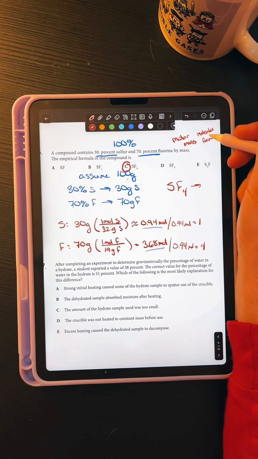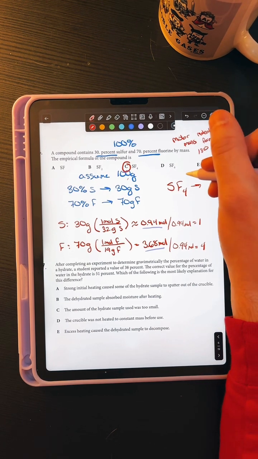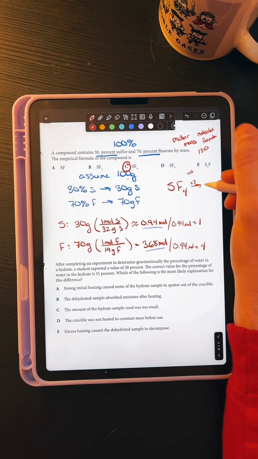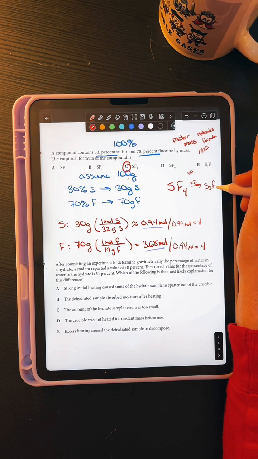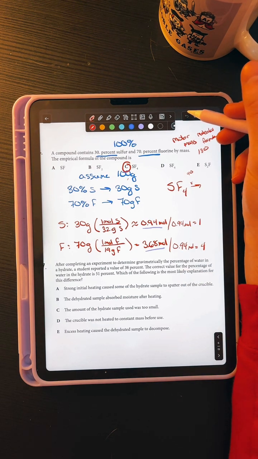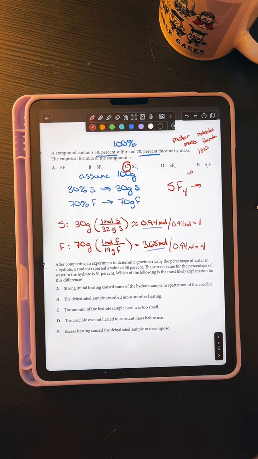So let's say this was 180 and this ended up being 90. 180 divided by 90 gives you 2, and then it would be S2F8. But you would have to be given some additional piece of information in order to solve for the molecular formula. Great question.